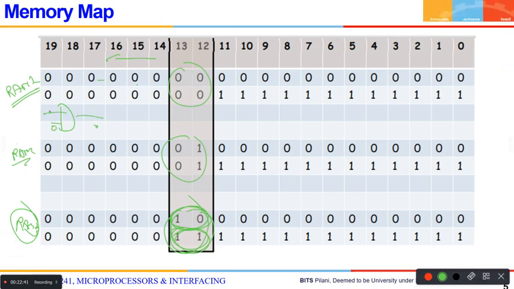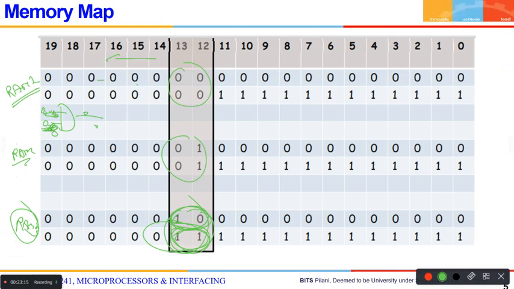See, when it is 1 0, what will the output be? Suppose O2 and O3 are connected. When the input to the decoder is 0 1 0, O2 will be 0, right? When one of the inputs is 0, 0 will come here. You are getting active low. Now this will be 1, and this will be 0. When the select input is 0 1 1, which output will go low?